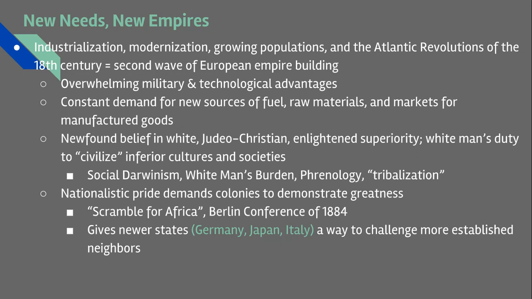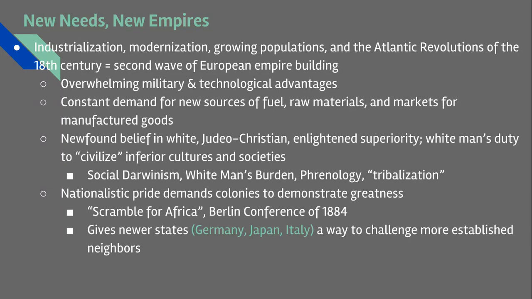Now, economic and political demands are not the only things driving imperialism in the 19th century. There's two social trends that form in the 19th century, both of which proved to be pretty dangerous. One of them is the idea of social Darwinism. So, social Darwinism is this belief, incorrectly based upon the idea of natural selection from Charles Darwin and his theory of evolution, that you can apply the same concepts of animal evolution to human societies.